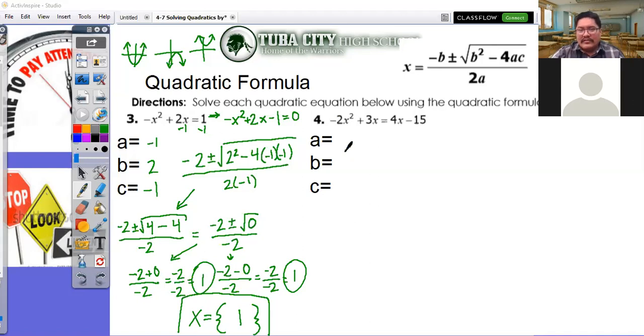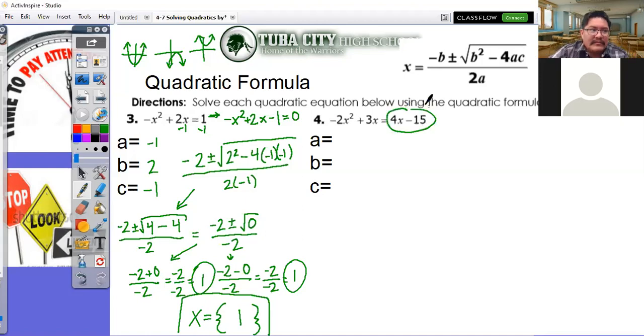Let's go ahead and move on to the next one. And for this one here, let's look at what we have going on. It looks like we do have a little bit of stuff going on because this is not in order, which means we're going to have to do a few things to make it in order before we start. All right, so let's pick a side.